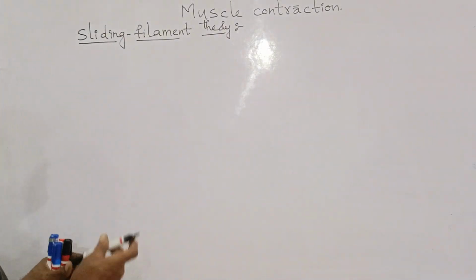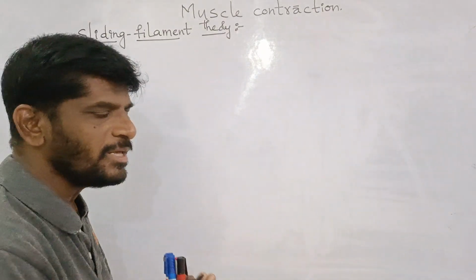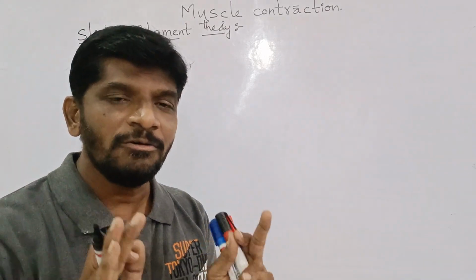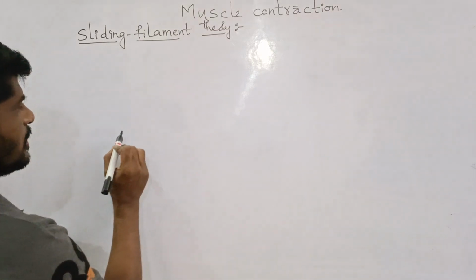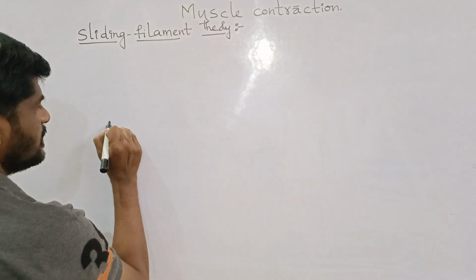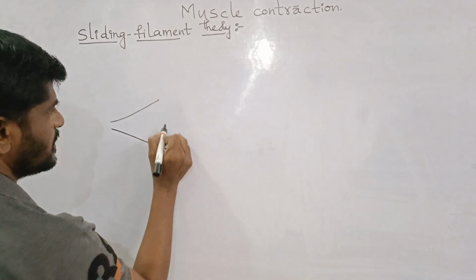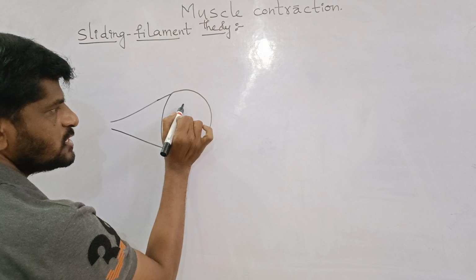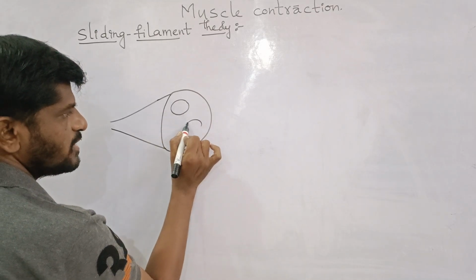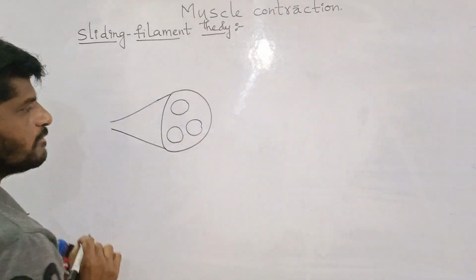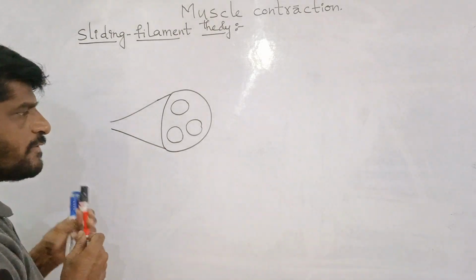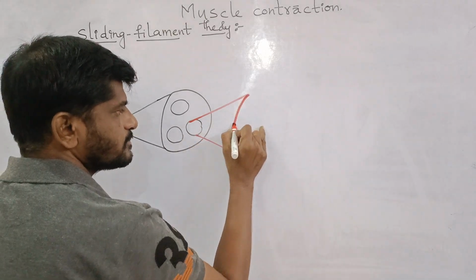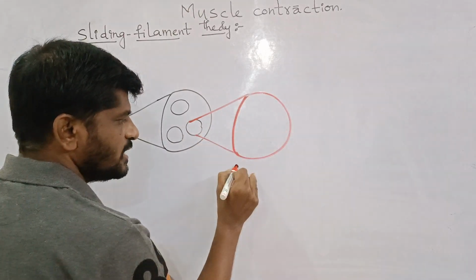Before I discuss the sliding filament theory, you have to know the meaning of the motor unit, and also that the motor end plate can be called the neuromuscular junction. See this. This is the muscle. Inside the muscle, many fasciculi are present. This is the fasciculus, one fascicle.